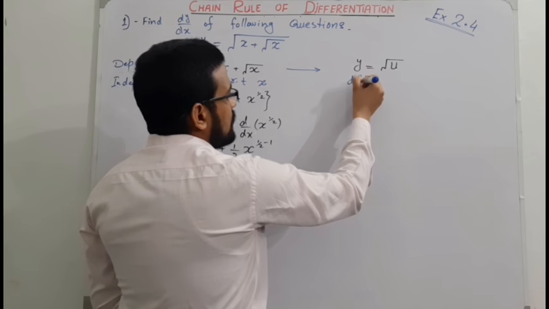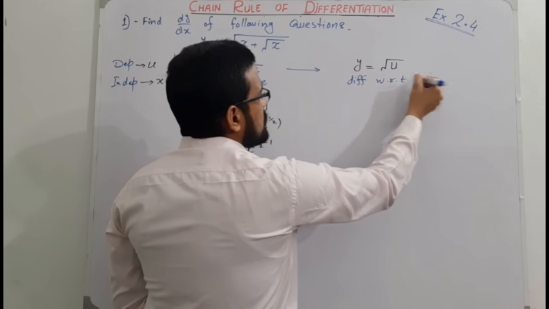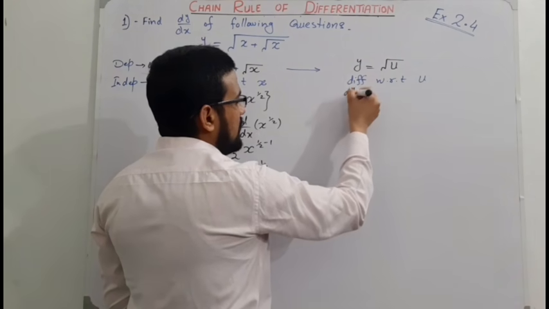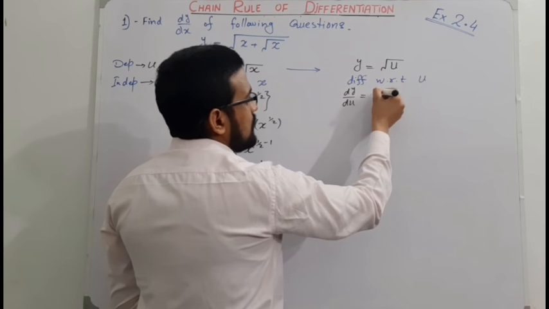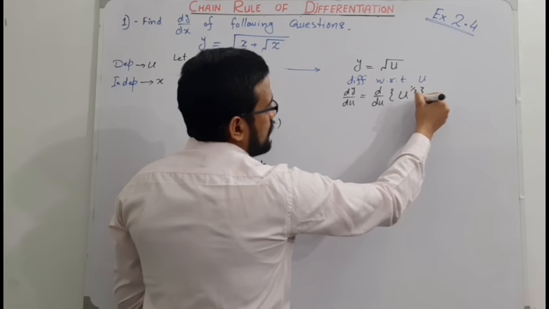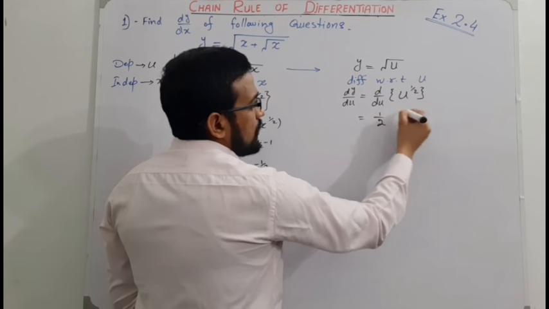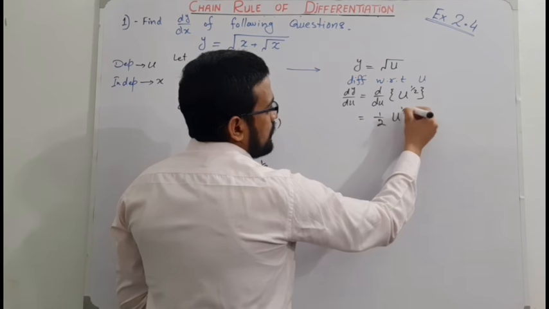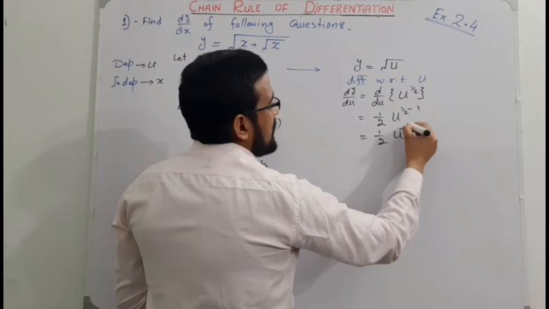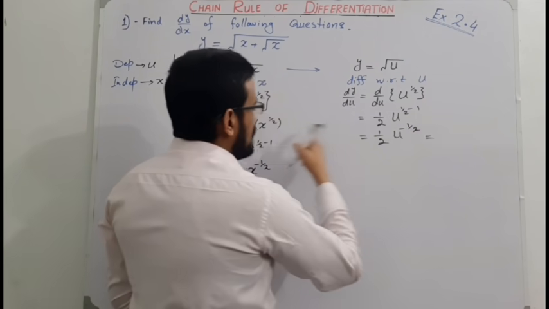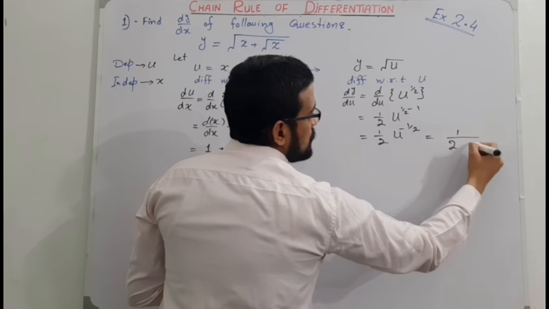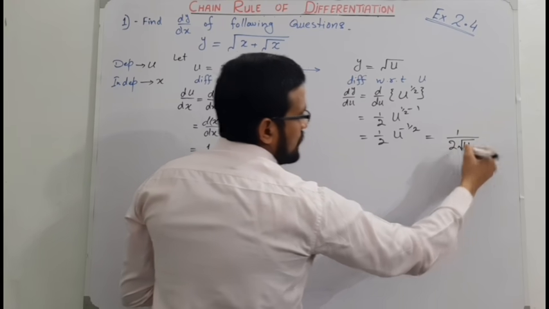So differentiate with respect to u. dy over du of u raised to power 1 over 2. 1 over 2 becomes a multiple and the power is decreased by 1, and u raised to power minus 1 by 2, which is equal, according to this rule, to 1 over 2 square root of u.